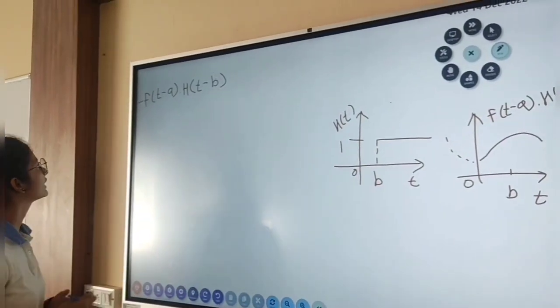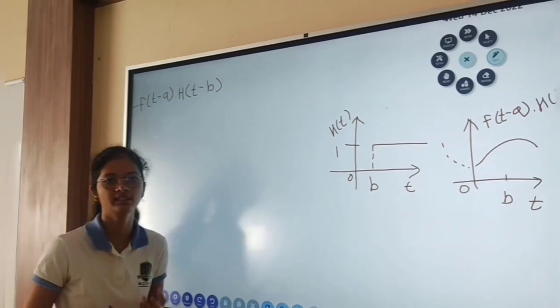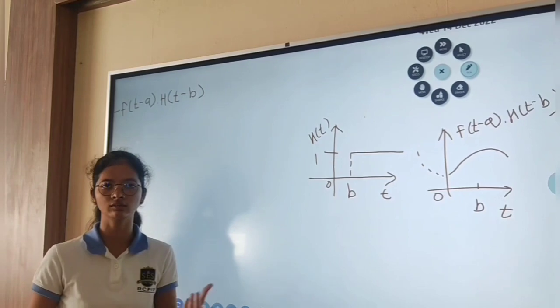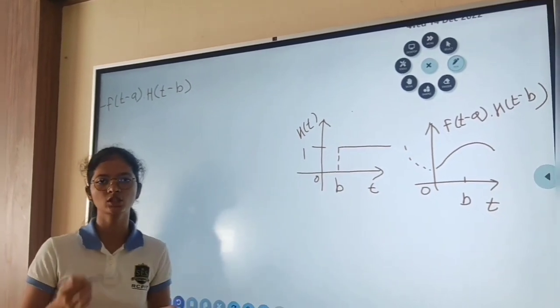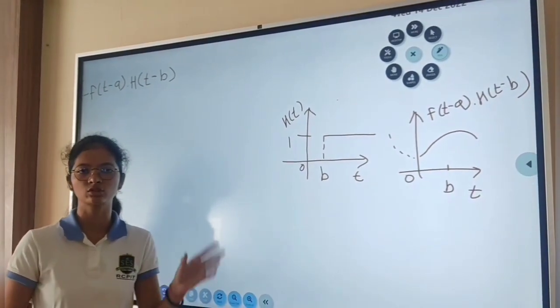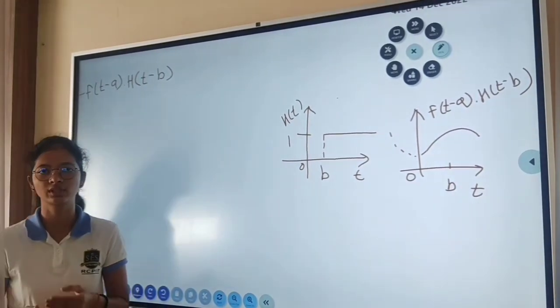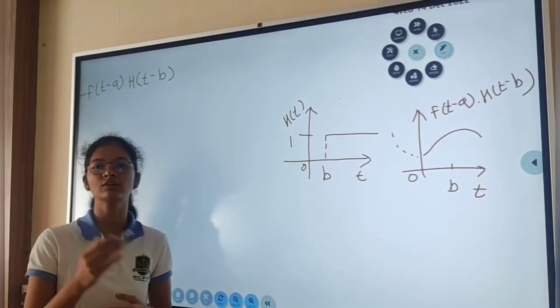Then the fourth case is f of t minus a into h of t minus b. The curve f of t minus a is the curve of f of t with the origin shifted to a, and h of t minus b is 0 before t equal to b and unity after t equal to b.